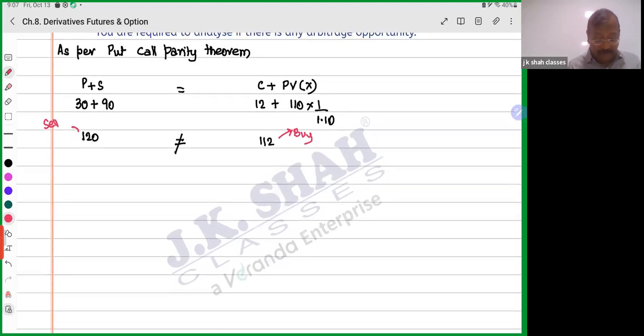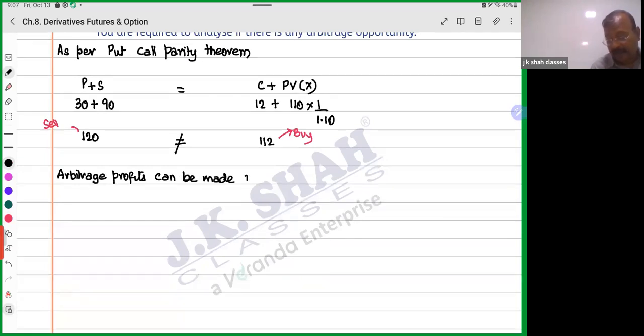So that means, don't write online, don't write anything, just follow me very carefully. Arbitrage profits can be made as under. Okay? Now, day 1.